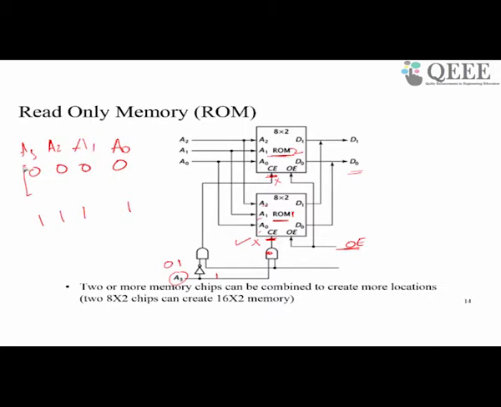For the first 8 locations, which are numbered from 0 to 7, A3 will be 0. For the locations numbered from 8 to 15, A3 will be 1. So these 8 locations are mapped onto ROM 2. These 8 locations are mapped onto ROM 1.